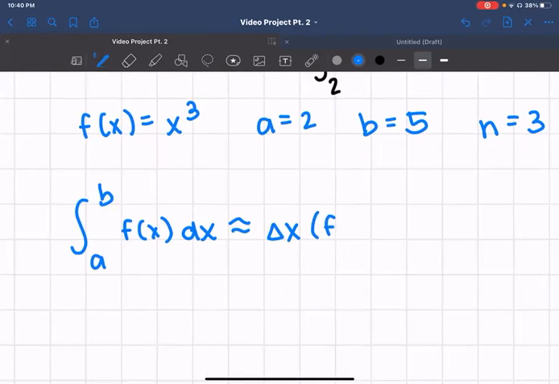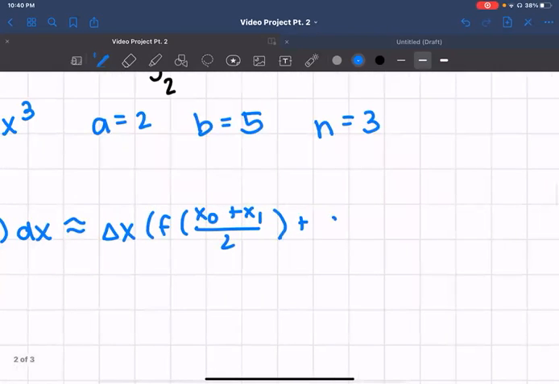f of x0 plus x1 over 2, plus f of x1 plus x2 over 2, and so on.